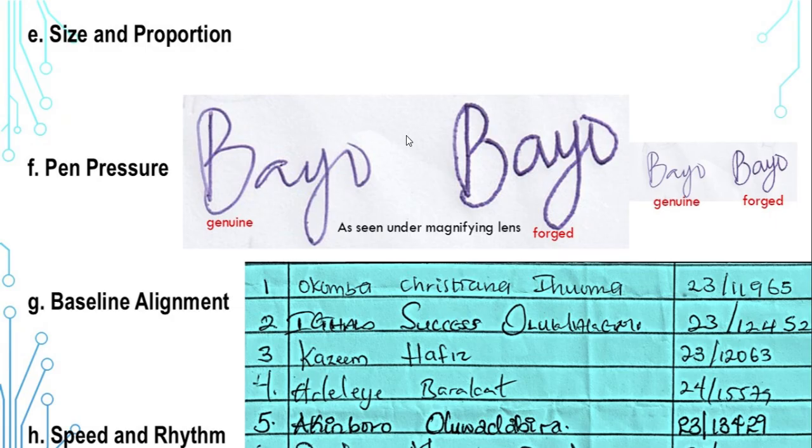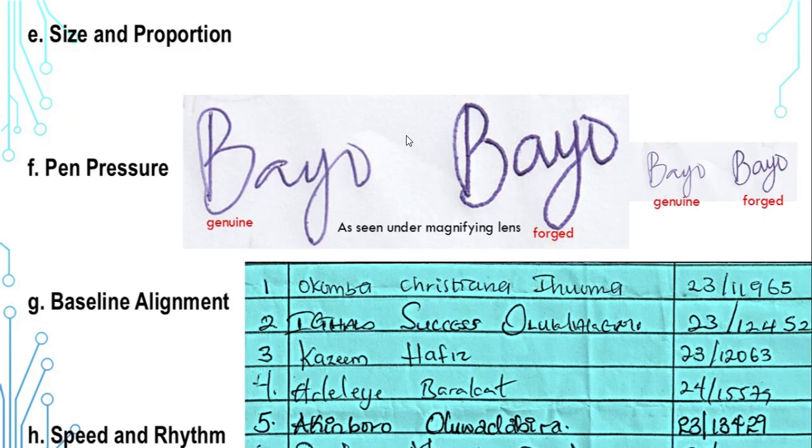If the pressure is high, then the stroke or the line will be thick. When you are writing fast, your hand will exert less pressure on the paper through the pen.